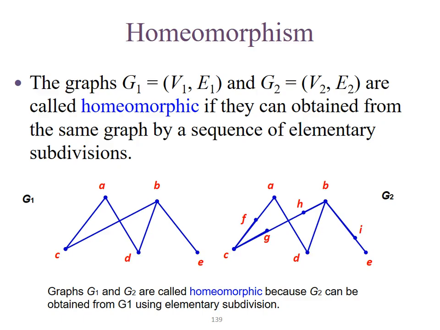Once you apply elementary subdivision to G1, you can add vertex S, then T, then H, then I. So you can see G2 is derived from G1. We call these two homeomorphic graphs. Is this clear enough?